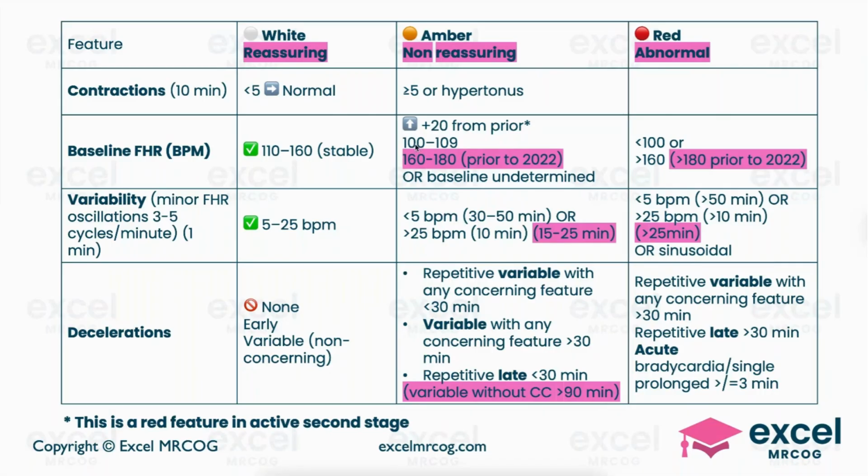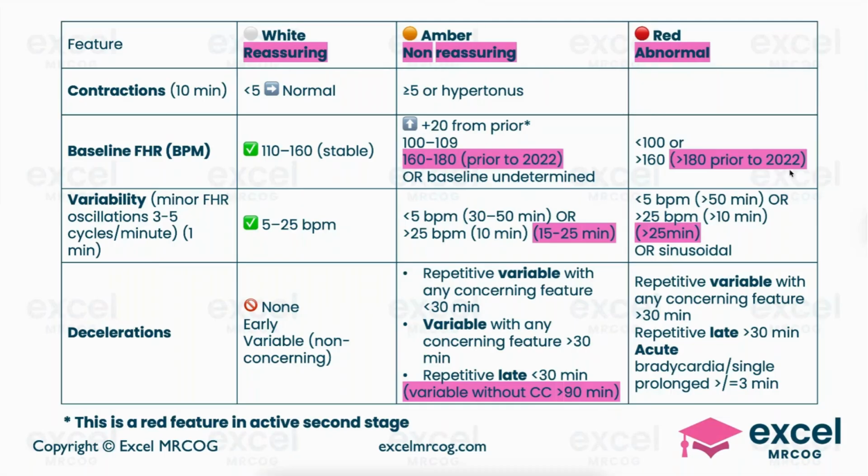If it remains 100 to 109, it is considered amber, but if it drops less than 100, it is considered red. Now, tachycardia doesn't have amber anymore. It used to in the past, but it doesn't have amber anymore.